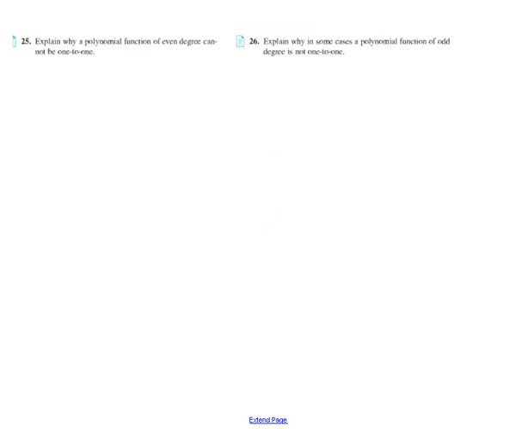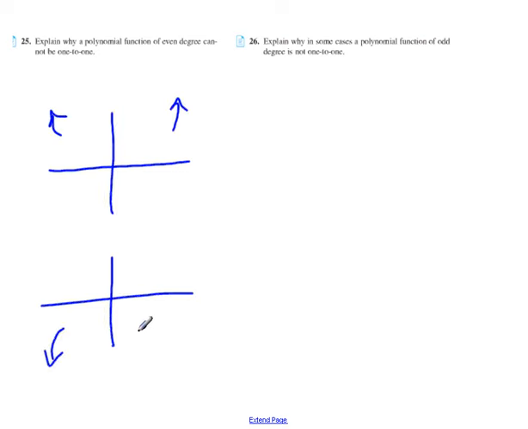Now, I've selected a few problems from the book just to go through briefly. It says in number 25, explain why a polynomial function of even degree cannot be 1 to 1. Would you remember what even degree means? Even degree means that at the end it's either going both up or both down.